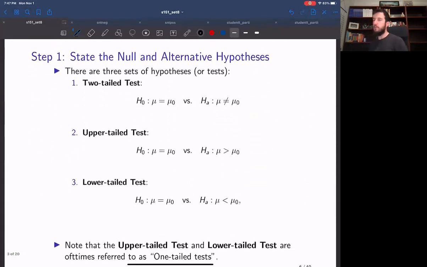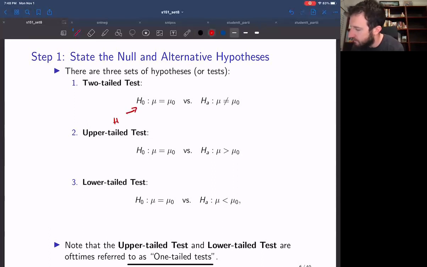All right. So as I mentioned, there's 3 types of hypotheses, or there's 3 sets of null and alternative hypotheses. For simplification, in this class, we always use the null hypothesis H0: mu equals some value. So in every case, the null hypothesis is always going to be H naught, which is this here.